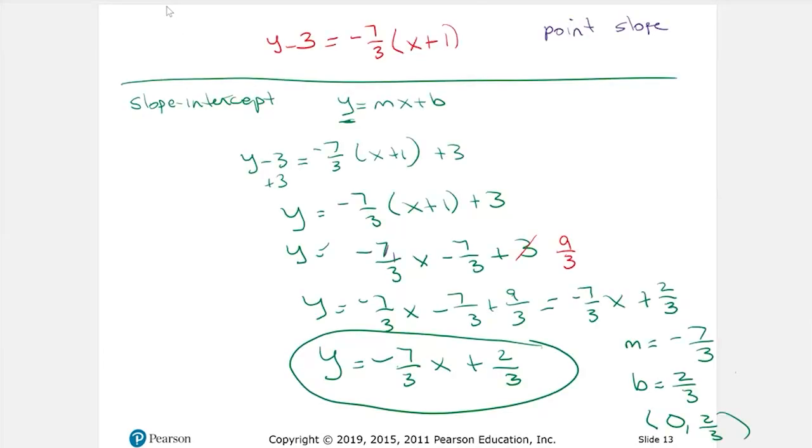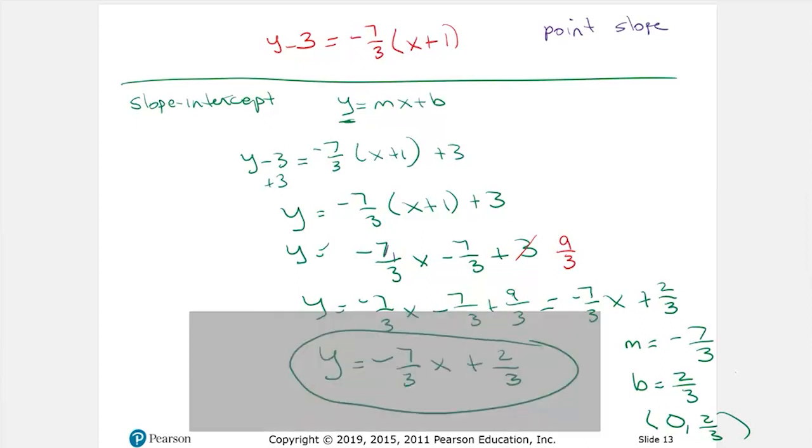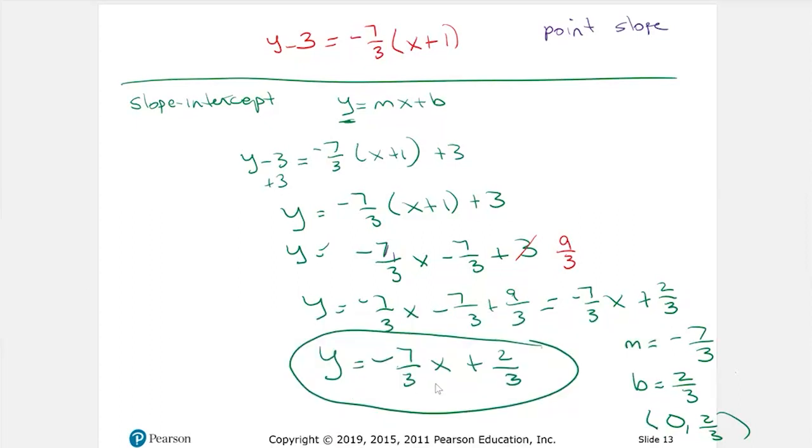Okay, so let's go back and grab, which one do we want? I think I'm going to start with my slope intercept form now. I'm going to grab it. Okay, so -7/3 x plus 2/3 is equal to y.